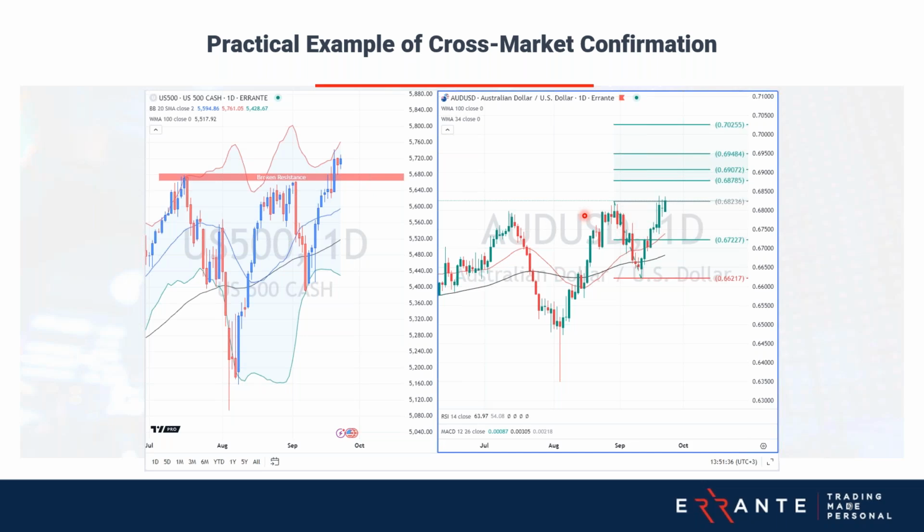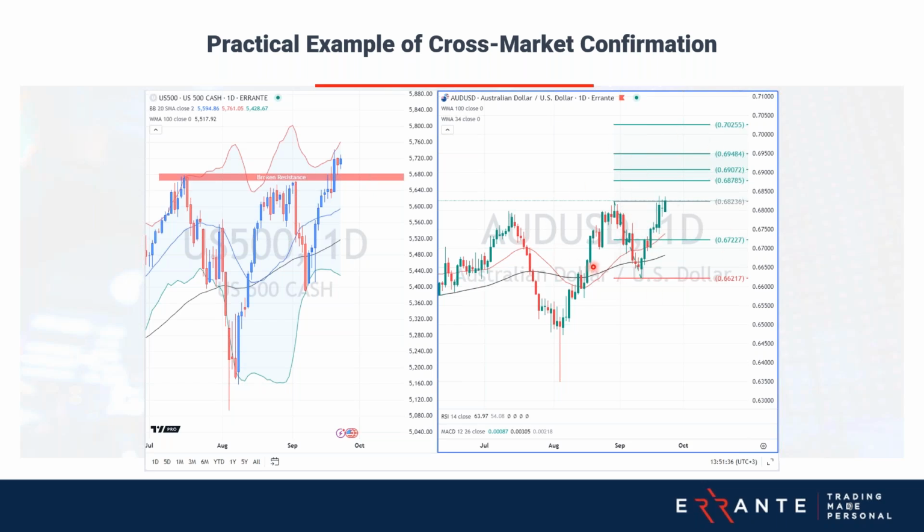We have AUD/USD. The trend is also an uptrend here, with the price moving higher after bouncing off the support level at 0.6620 and more recently 0.6722. Let's take a look at the technical setup here.